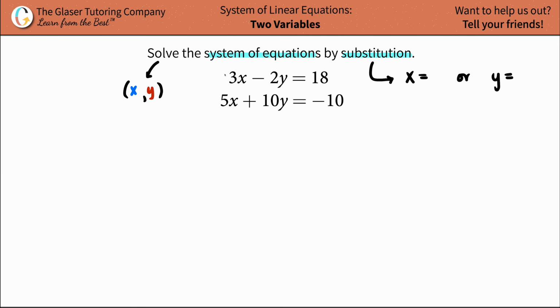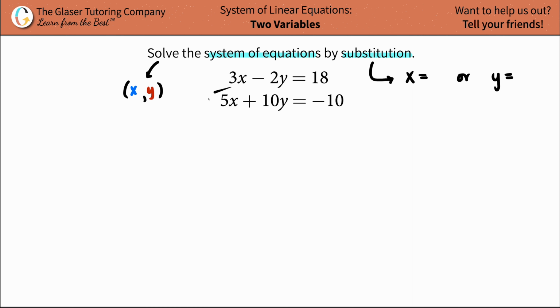I don't see that I have 1x or 1y. So let's just try to make it easy for ourselves and pick the equation that has numbers that are in common with each other. So for example, 3, 2, and 18, I can't really divide all three of those numbers by a single number, right?